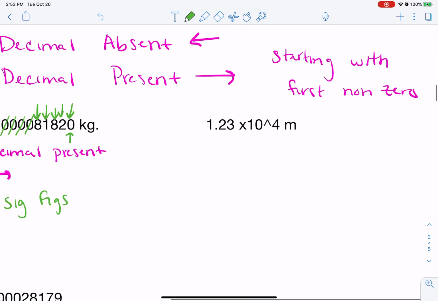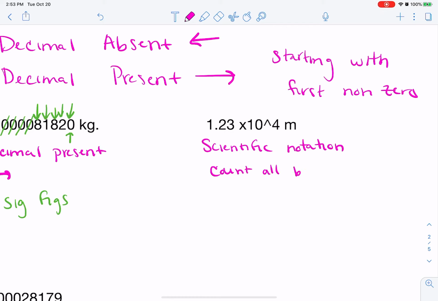We also have the situation here where this is a number in scientific notation. So for scientific notation, you count everything before the times 10 to the n, whatever number. That n is any number. Okay, so here we're just going to count this section here.